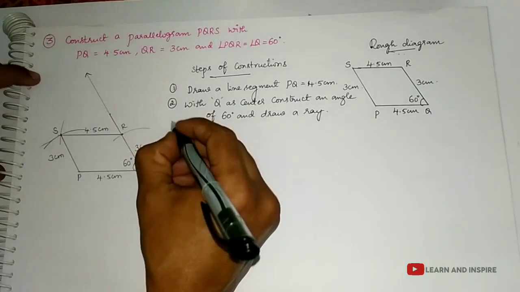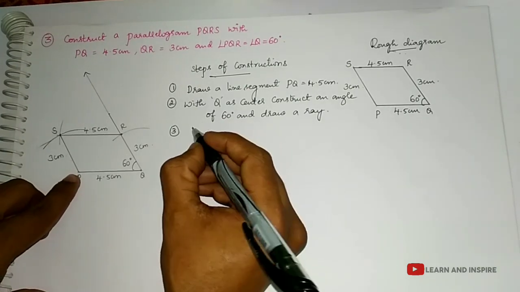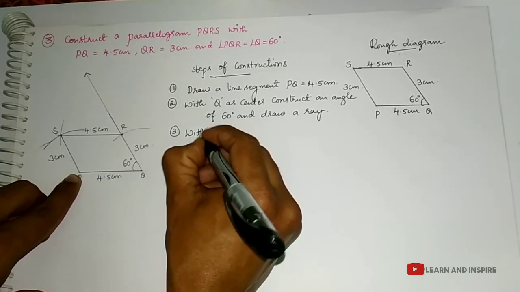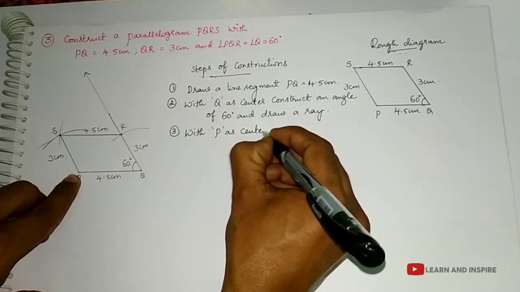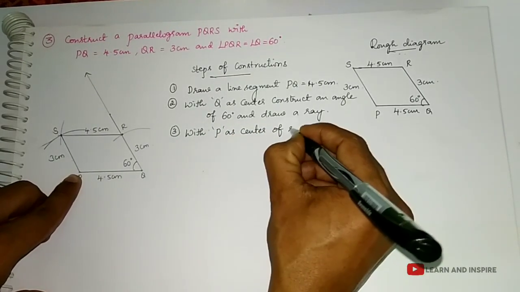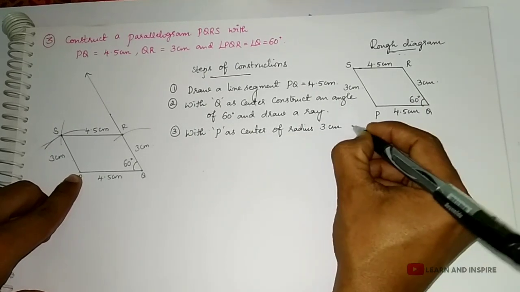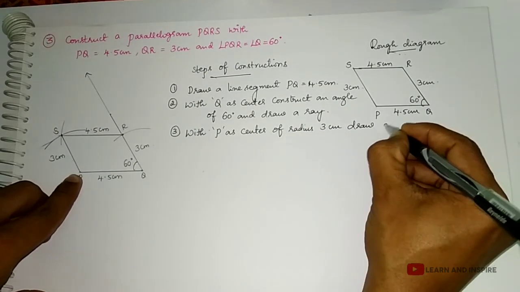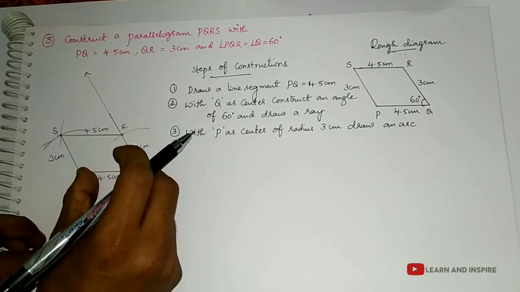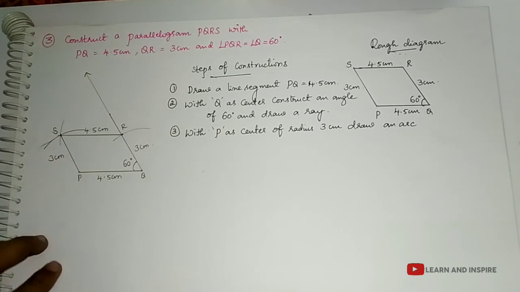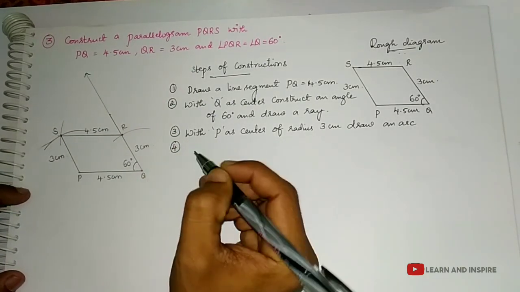Understood? Now step 3. We started from here with P as center of radius 3 centimeters. With P as center, radius 3 centimeters, draw an arc. So that is step 3. Now step number 4.